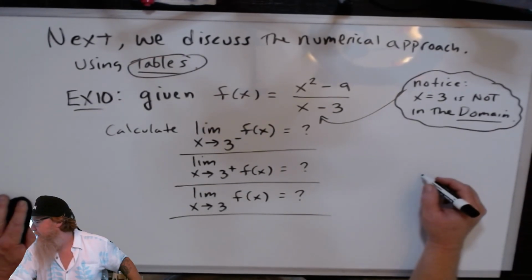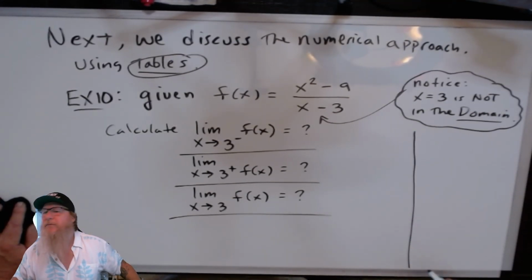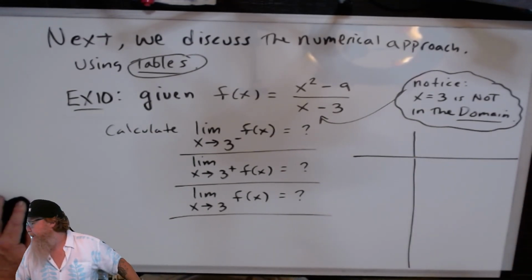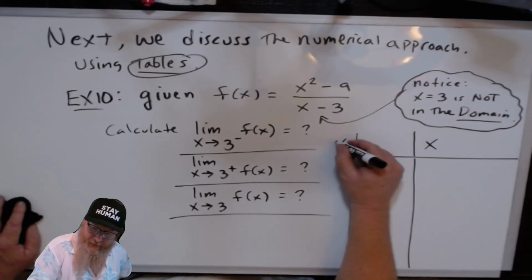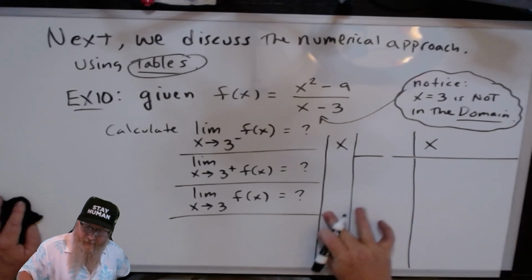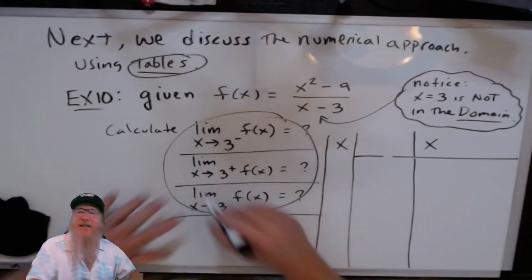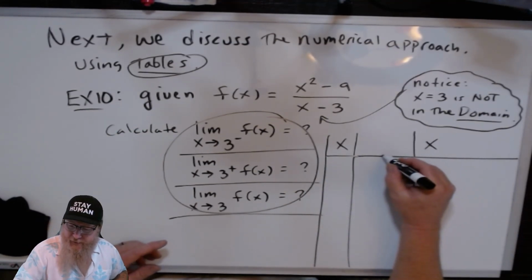I guess I could put my table over here. You think I have room? So we're going to do x values. This is just what we're asking. We're going to use the table to help us answer these three questions.